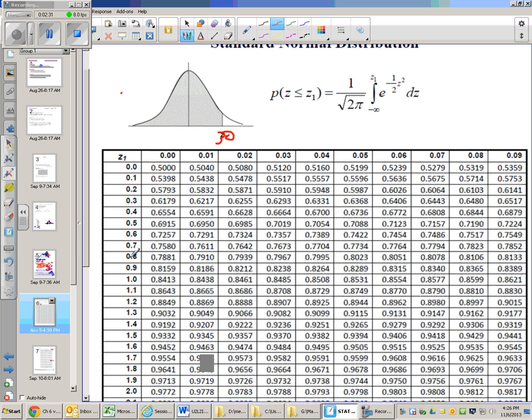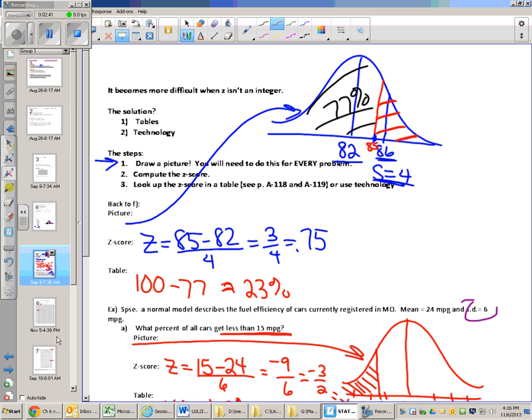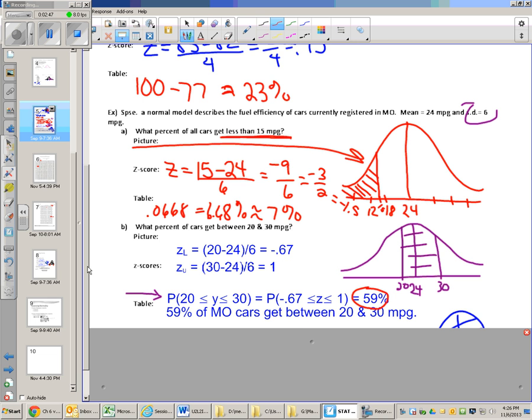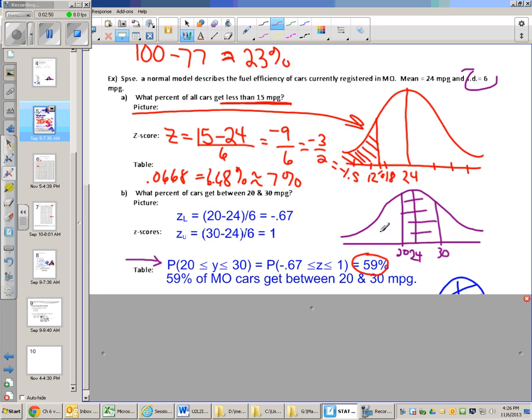So just go to 1.0 right there. So approximately 84% lies below that value. So if we go back to our picture, right here, 84% would be all of this to the left of 30, okay?